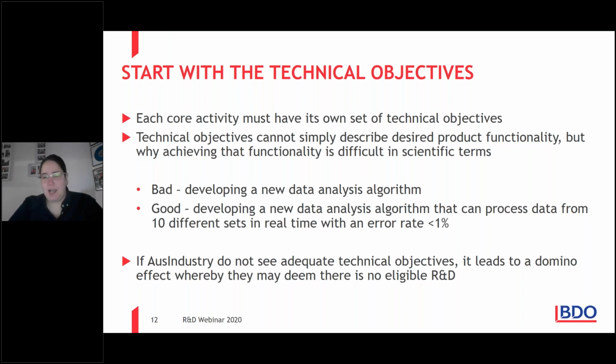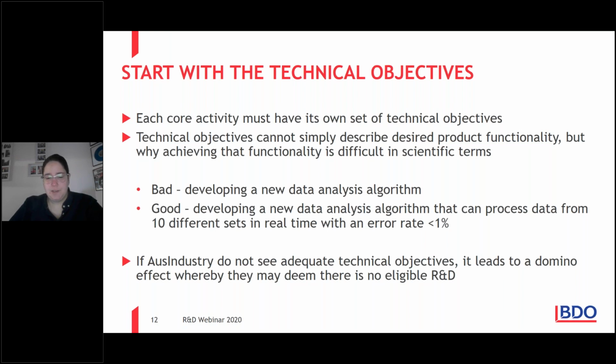It's hard because it's got to access heaps of different data sets, internal and external to the organisation. It's got to have a low error rate. It's got to process in real time. I'm using a different type of software architecture that hasn't been used for this purpose before. Am I repurposing algorithms? Those are the things that you need to start to break down when it comes to the tech objectives.